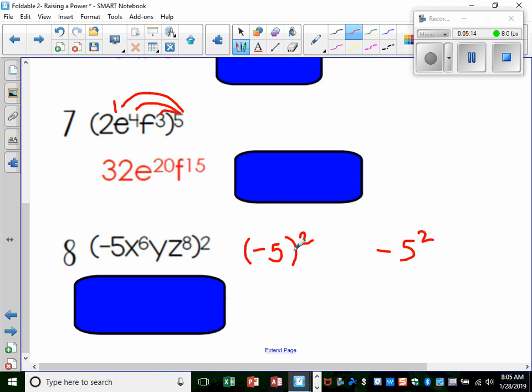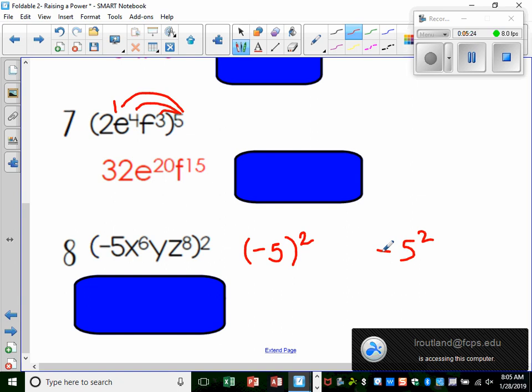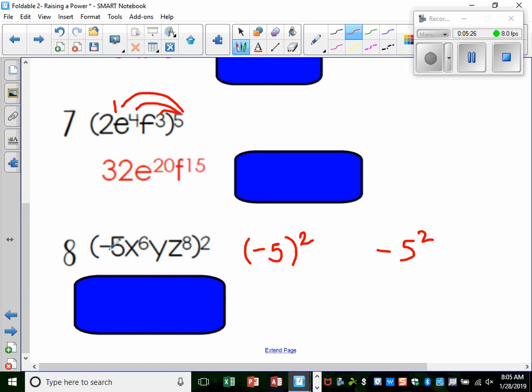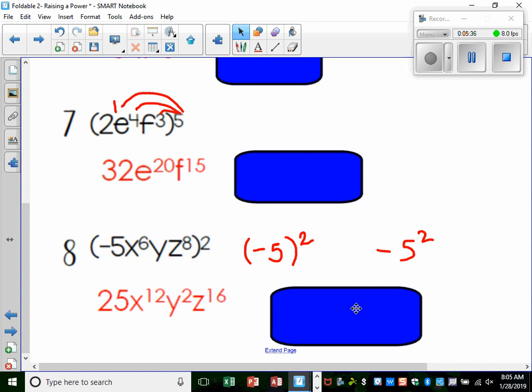When you put it on a calculator without the parentheses, this equals negative 25. Without the parentheses, you would then only be raising the 5 to the second power and not the negative. So that's why it's very important. If one of the factors is negative, please make sure you put it in parentheses. Always, always, always. So then I'm going to end up with 25, because I'm raising the negative as well, since it's in parentheses. And then multiply 6 times 2, multiply 1 times 2, and 8 times 2.